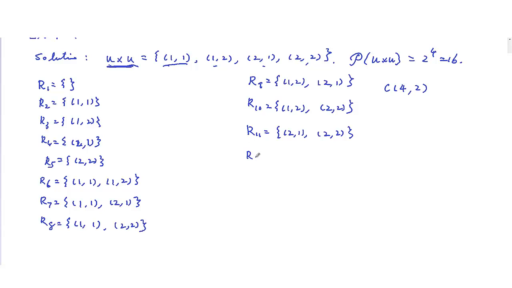And then let's look at 3 elements now. So R12, you take (1, 1), (1, 2), (2, 1). And that is a 3 element subset. You can also take another 3 element subset, that is (1, 1), (1, 2), (2, 2).